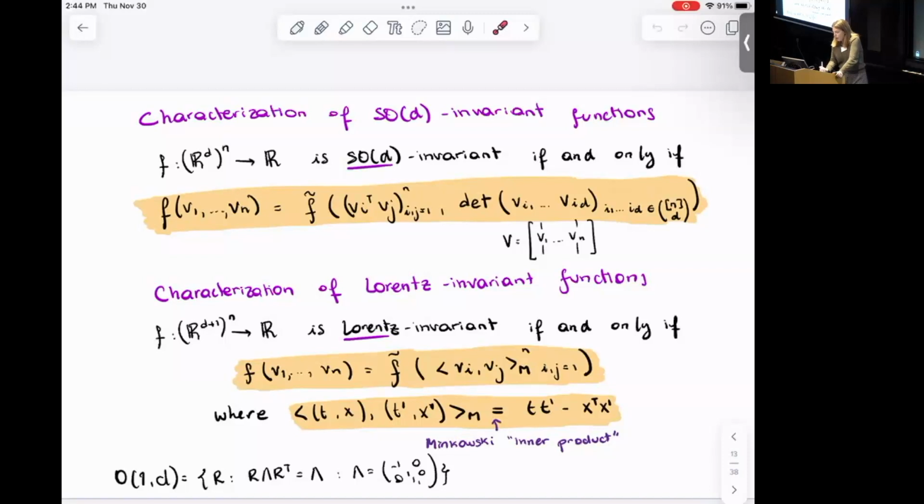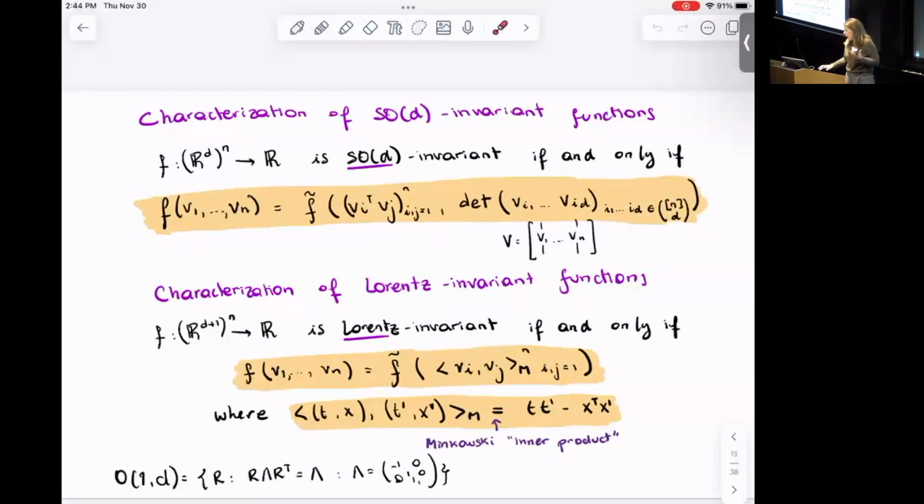And then, for instance, for the Lorentz group, which shows up in special relativity, you can write it in terms of the Minkowski inner products. If you have vectors with one time component and three space components, the inner product between them is the product of the time components minus the inner product of the space components. Any invariant function can be written in terms of these inner products.